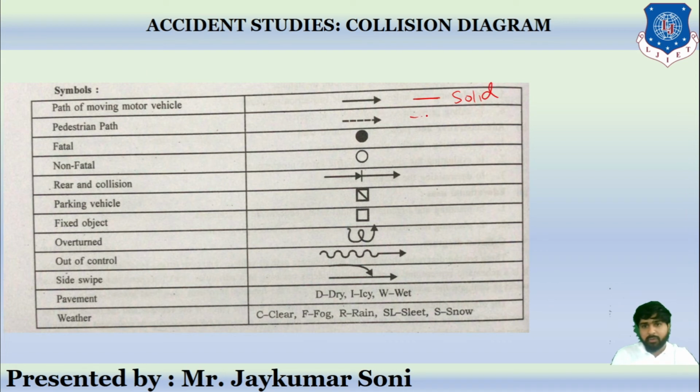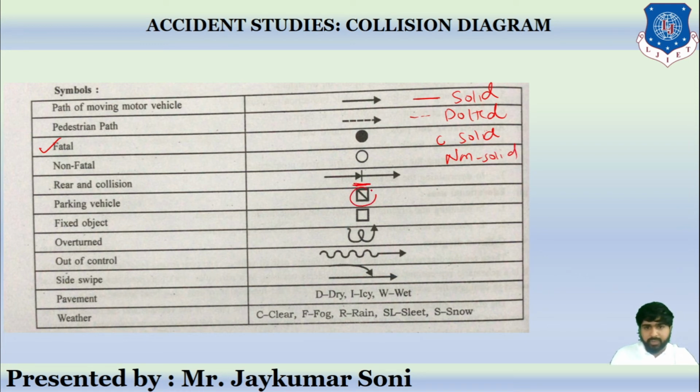Pedestrian will be with the help of dotted. If fatal, meaning the people have lost their life, that is called a fatal accident, so it will be solid. If non-fatal, people have been injured only but they have not expired, then it is non-solid.